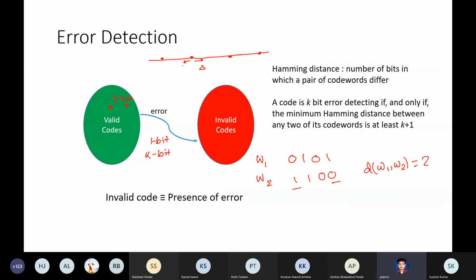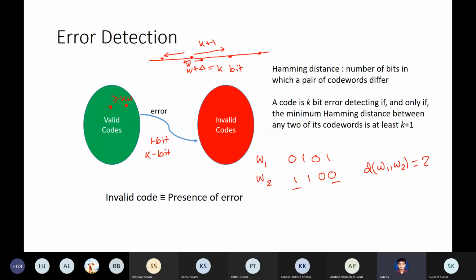If this delta is k bits, then two code words should be at least separated by k plus 1 bits. This is W, this is W plus delta, and the other valid code words should be at least k plus 1 bits apart.